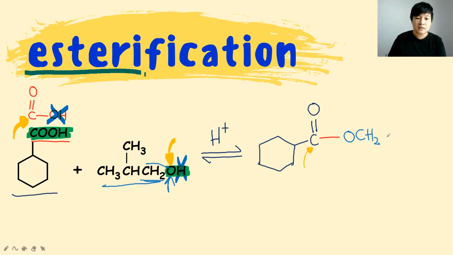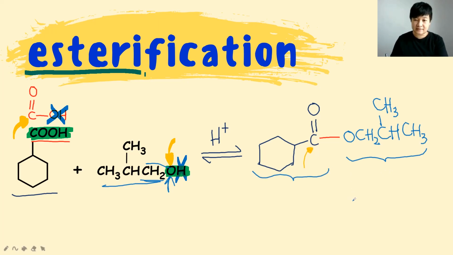Recopy the whole thing. The CH2 is bonded to the CH, and the CH is bonded to CH3 and also CH3. So this is from the alcohol and this part is from your carboxylic acid. Obviously, your byproduct is your H2O that you remove from your carboxylic acid and also alcohol. That is the formation of ester.